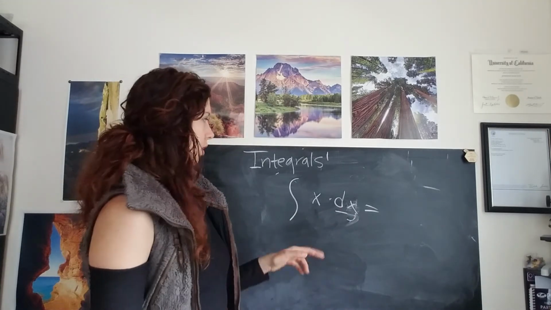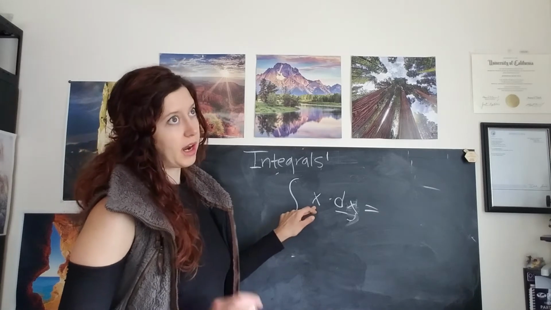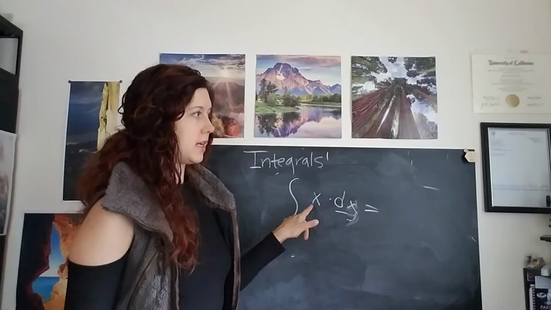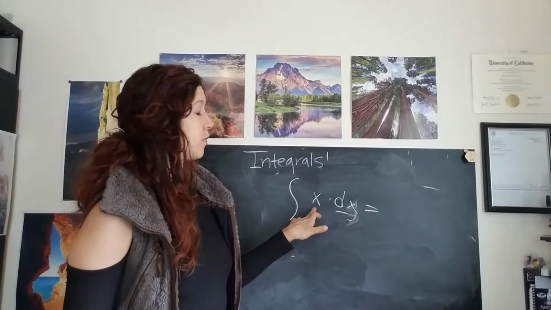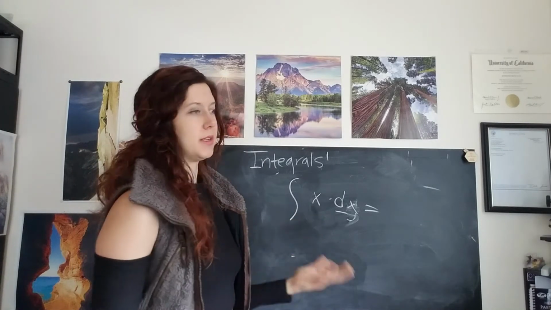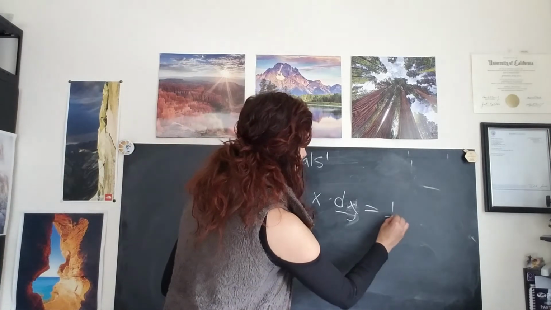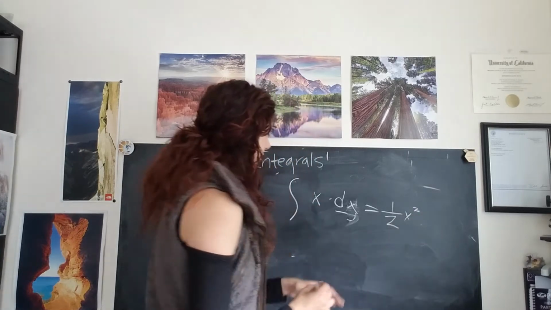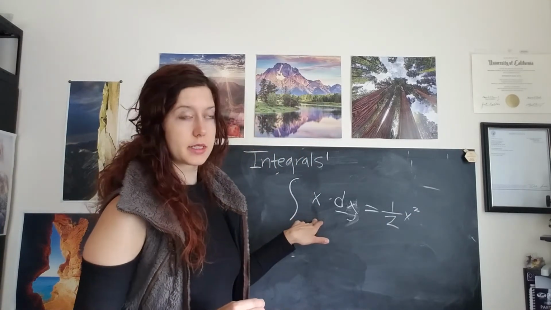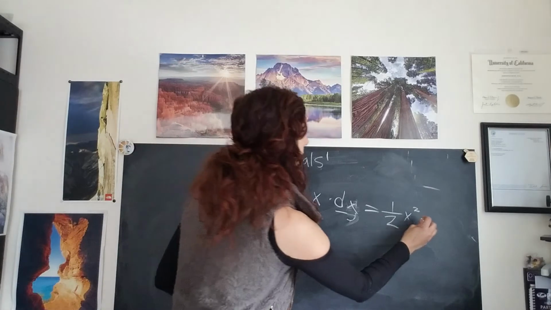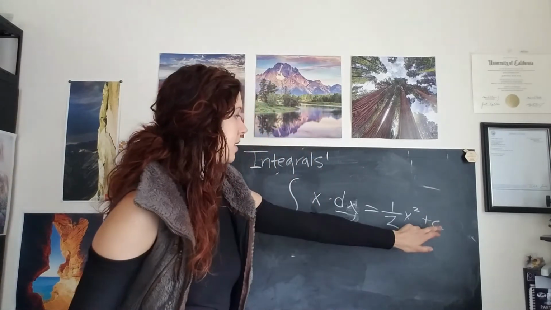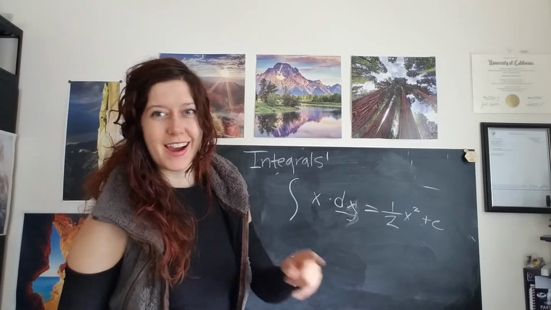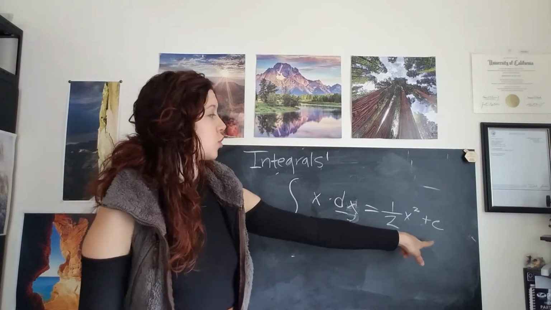If I go backwards, you have to think, okay, if I were to take the derivative of something, what would I be taking the derivative of for me to just get x? Since I've done a lot of calculus, I can tell you right off the top of my head, it's 1/2 x squared. And because this is an indefinite integral, I always have to add a constant at the end. The reason why is because we can check our work by taking the derivative of this.